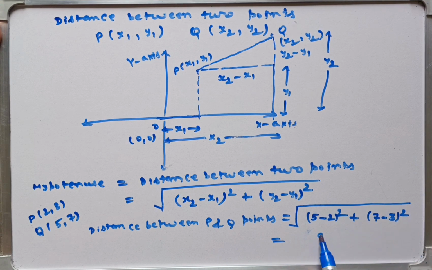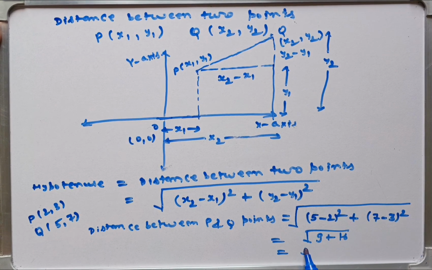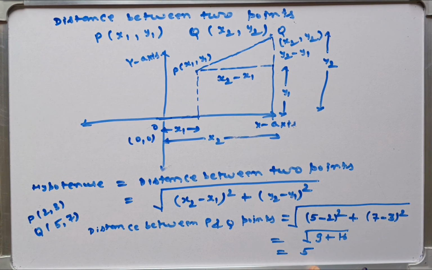So this is 9 and this is 16, so this will give you the value 5. So the distance between these two points is 5.